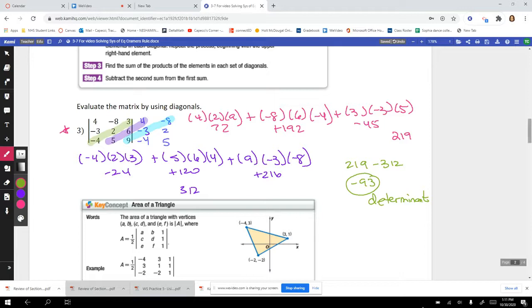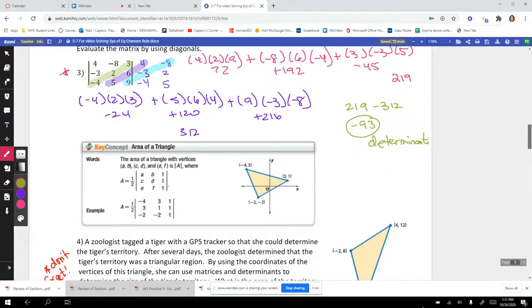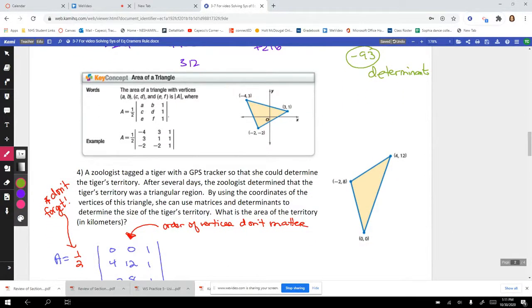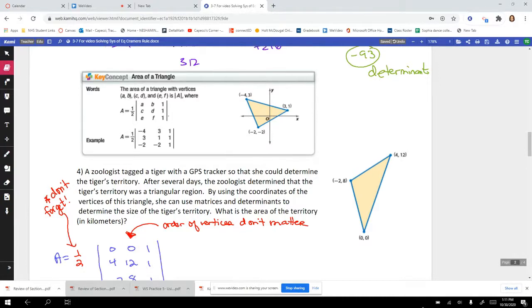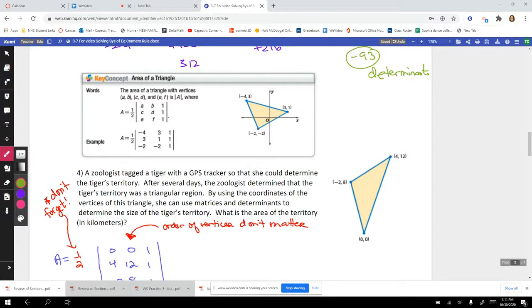Okay? All right, let's move on to the area of a triangle. So if you look at the sample diagram here, we have 3 different vertices, and this is actually a quick way to find the area of a triangle if it's not on a 90-degree angle and you can't use the Pythagorean theorem: use matrices.